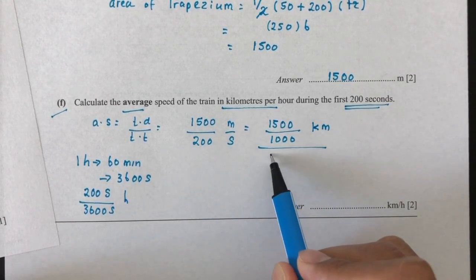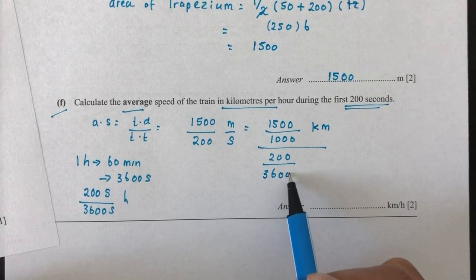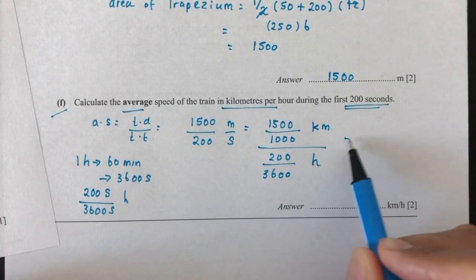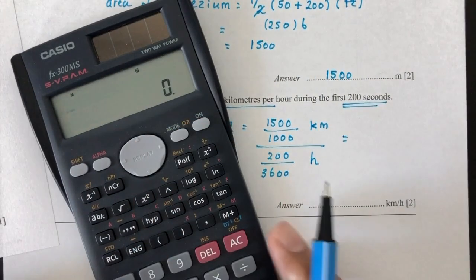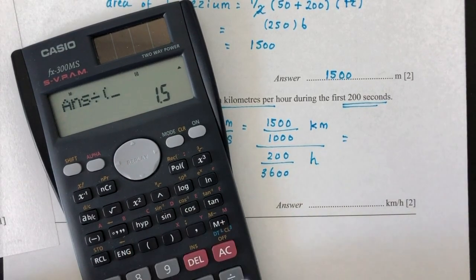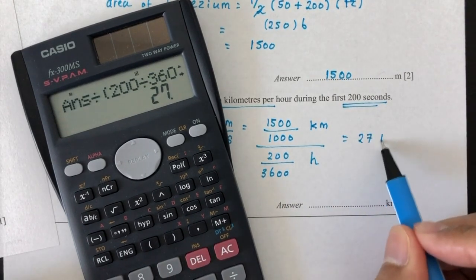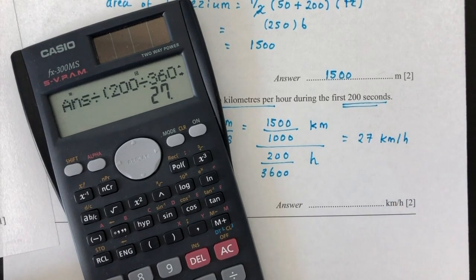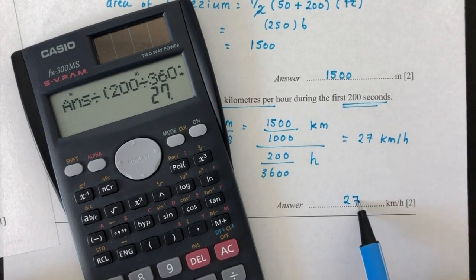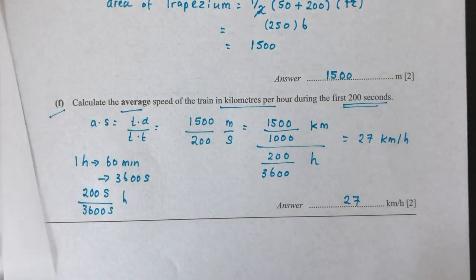So let's use our calculator, it's much easier. 1500 divided by 1000 divided by 200 divided by 3600. That will be 27 km per hour. That is the average speed of the train for the first 200 seconds.